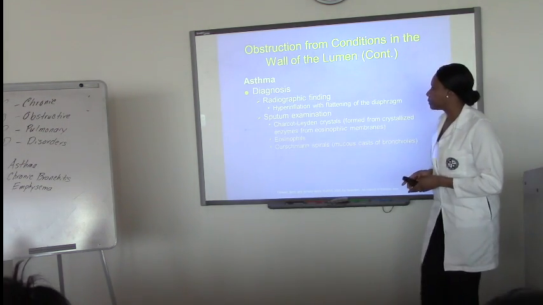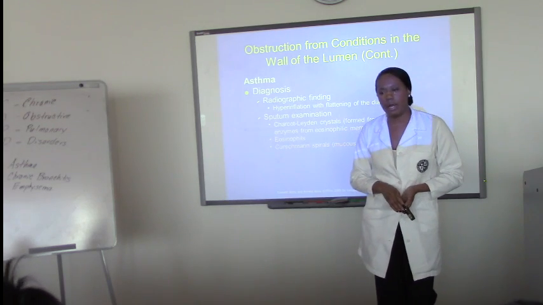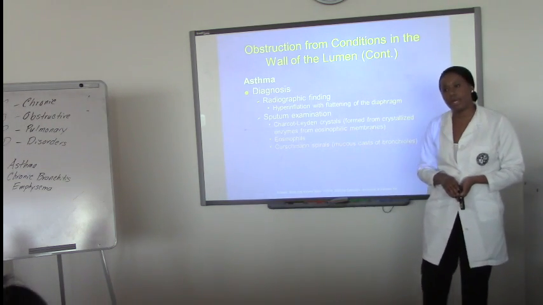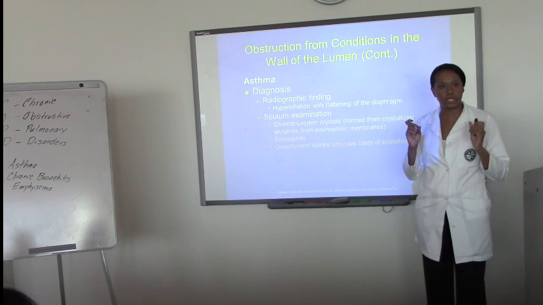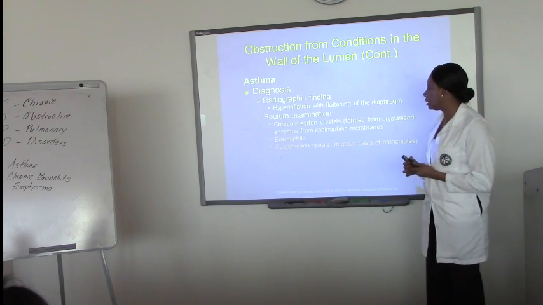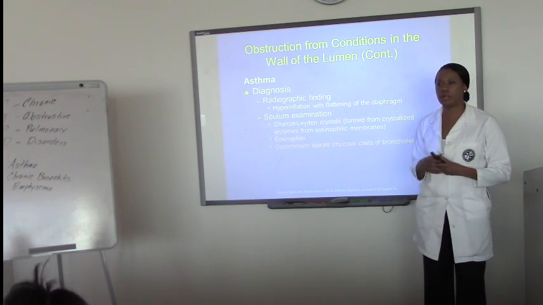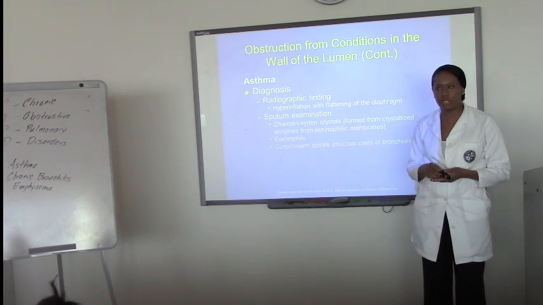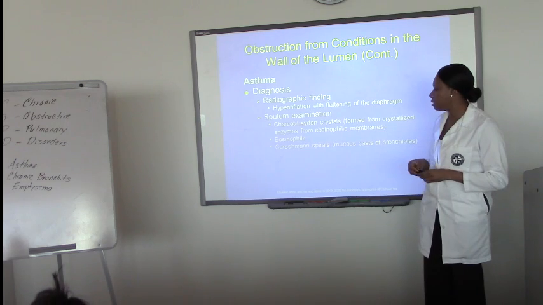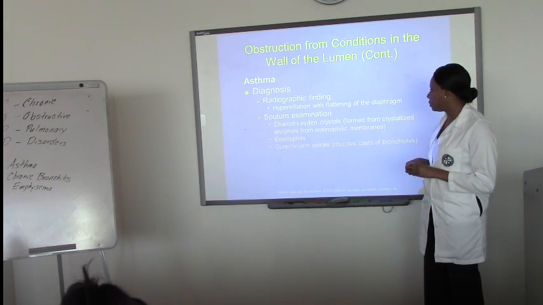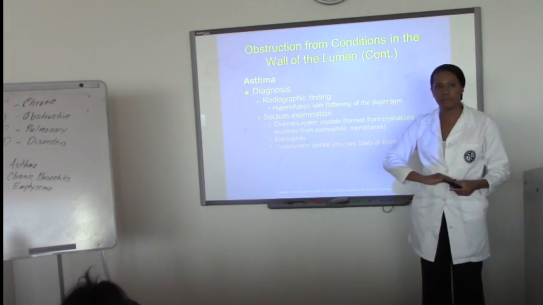Okay, now, this slide here, I would say, try to highlight this as the hallmark of this disease, and I'll explain why in a second. So radiographic findings, if you were to do a chest x-ray of these patients, you will see hyperinflation of the chest wall with the flattening of the diaphragm.